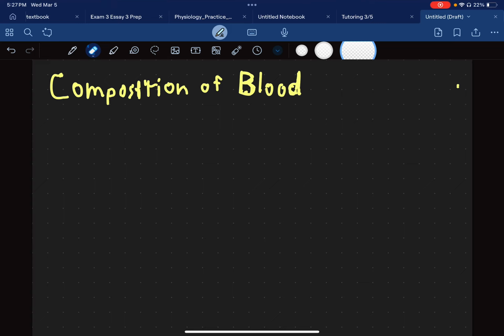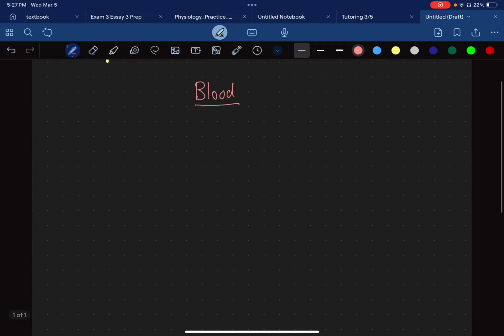Okay, that fixed it. So the composition of the blood, there are two or three main types of things. The first, 55% of the blood is our plasma.